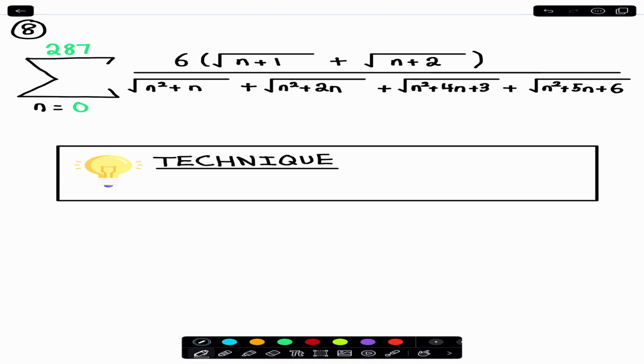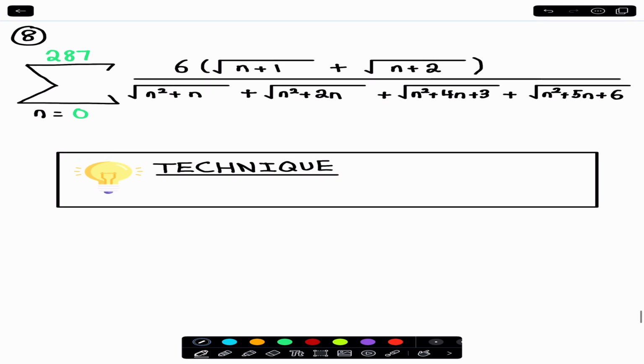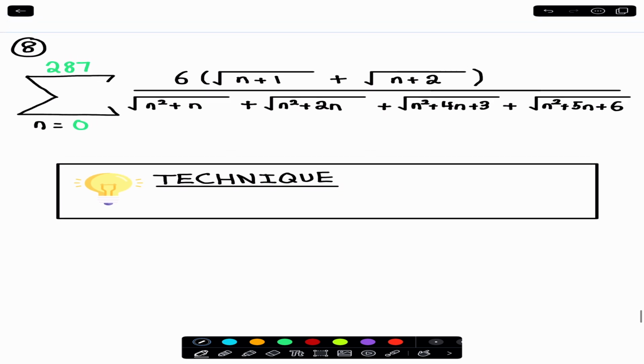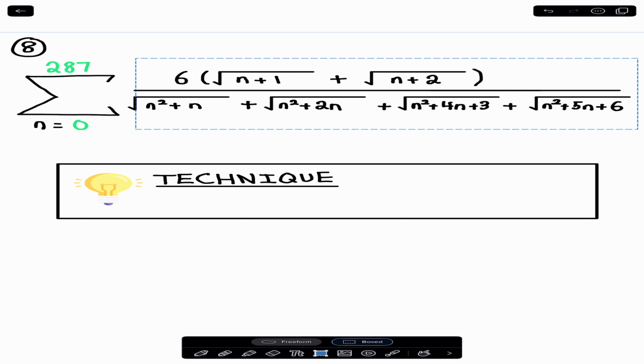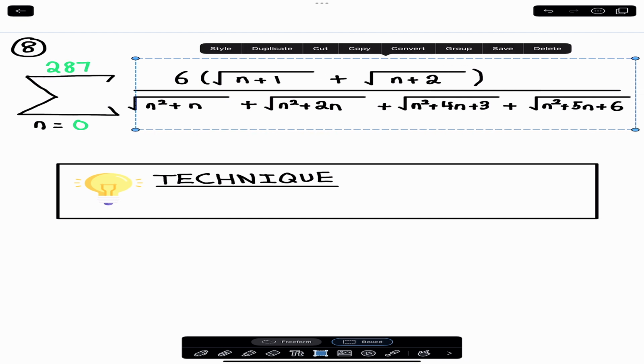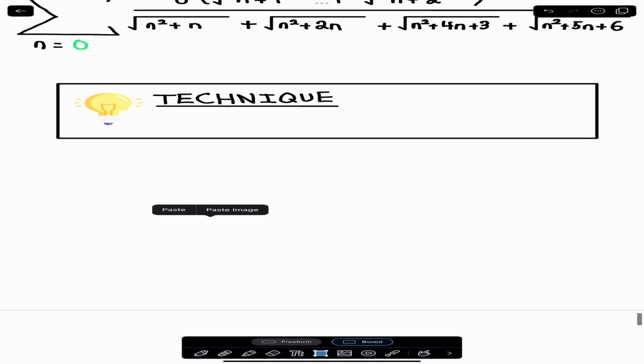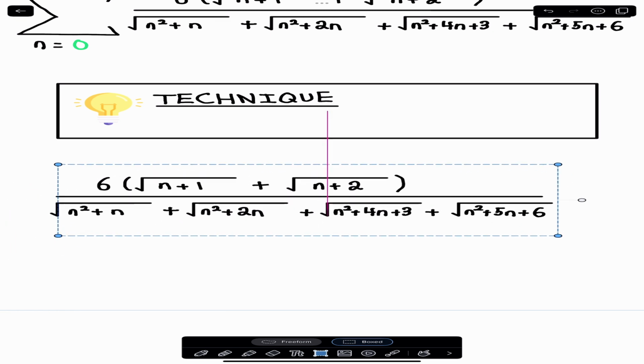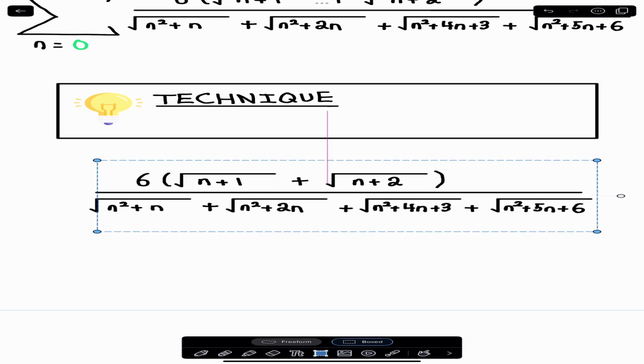So, as usual, I'm not going to start off with the sigma term. We're just going to start off with this thing inside. Let's see if we can simplify this a bit, because right now it's not very useful. It looks way too complicated.